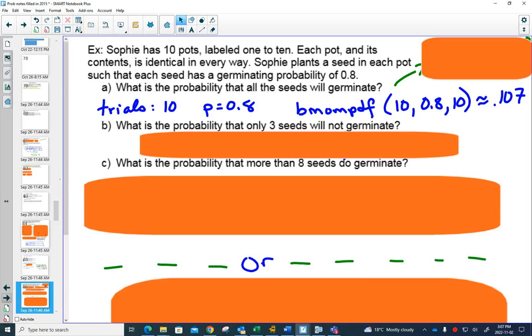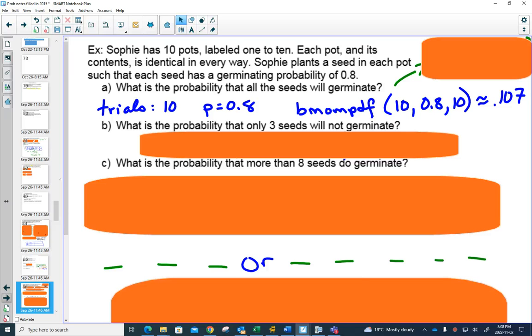So in a classroom of 30, if all the students in biology had 10 pots and planted 10 seeds, you would expect about 3 people in class to have full plants growing. That's what you would expect. Not for sure that that will happen, but that would be the expectation. So fairly rare, right? She should feel pretty good about this.